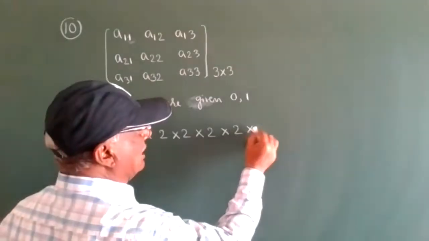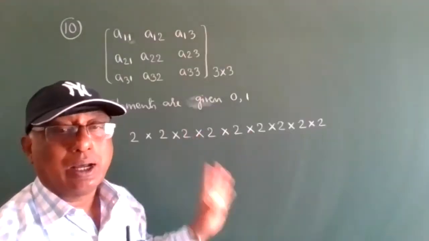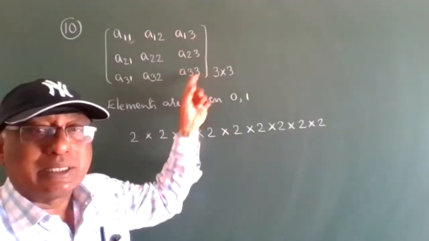The seventh, eighth and ninth places also have two chances. So every place has two chances, either 0 or 1. How many places are there here? 9 places, so every one of the 9 places has two chances.